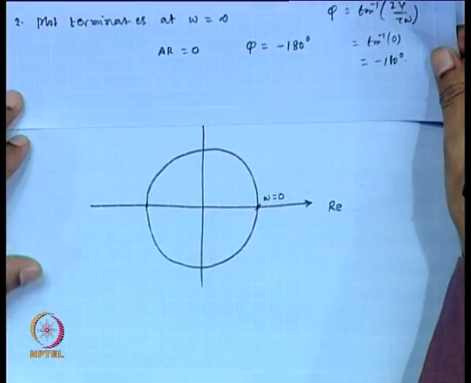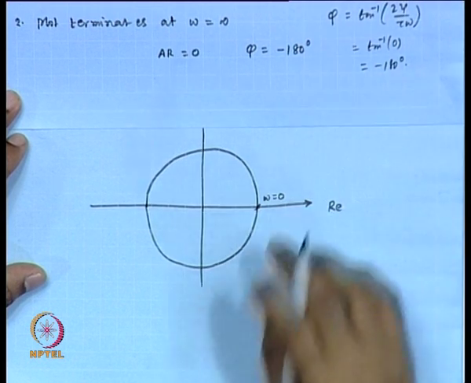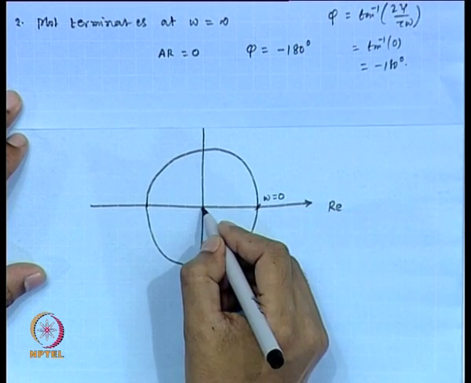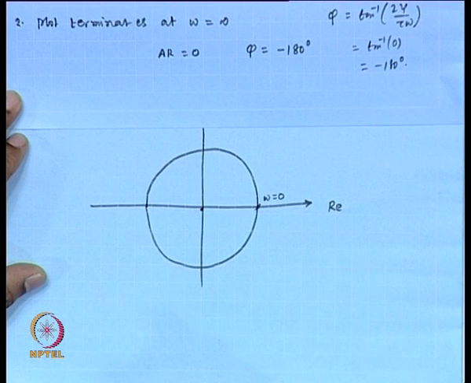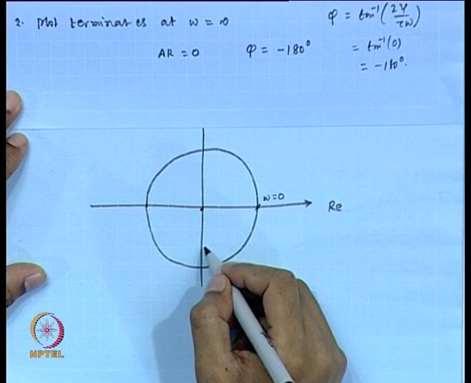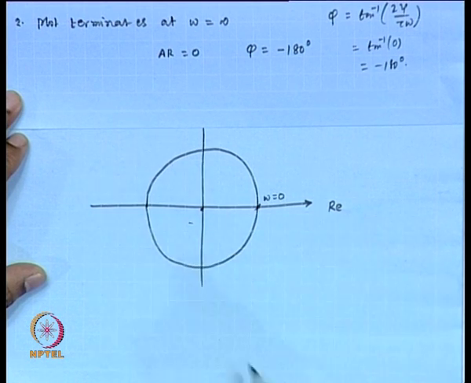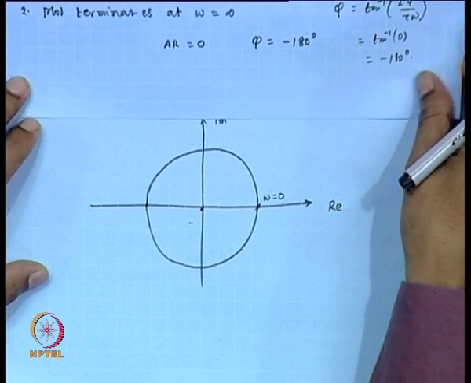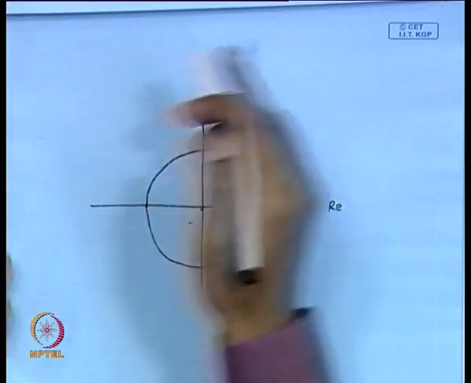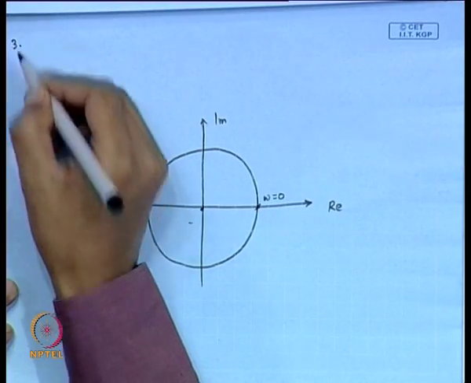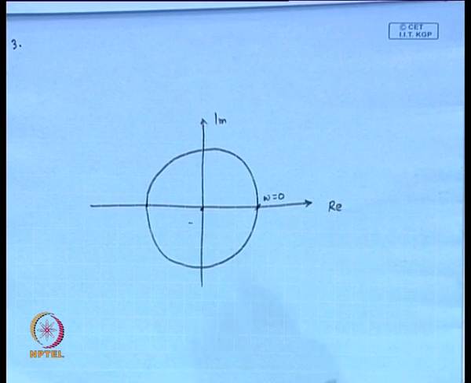So, what will be the end point in this complex plane? Here, but the polar plot should go through this quadrant. Next, we need to generate some intermediate data.